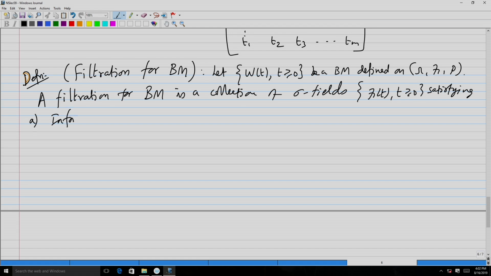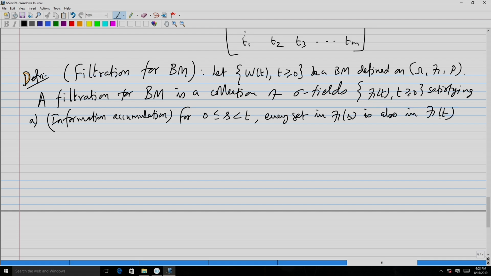The first one is called information accumulation, the usual first condition you require here: for 0 less than or equal to s less than t, every set in Fs is also in Ft, that is, F(s) is contained in F(t). This means that if you look at this as information, the information at time t is at least as much as what you had at time s.